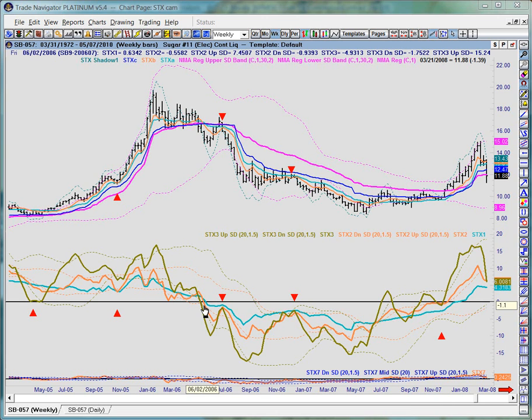And the third oscillator, that is the cyan oscillator, which is labeled STX1, is the slowest of the 3 lines and can be thought of as a deep-level primary trend identifier when being compared to the 0 line.